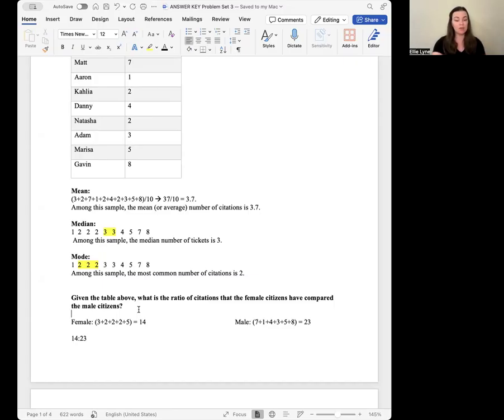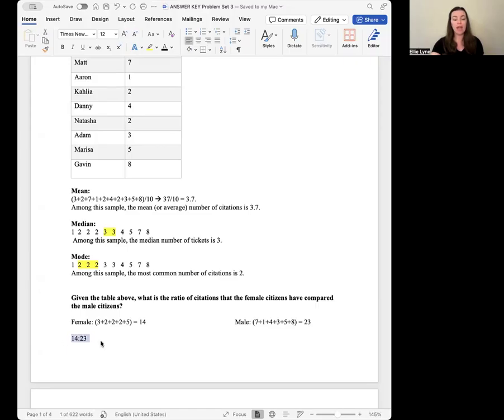And so what I did here below is add together all of the number of traffic citations received by our females within our sample. And then I compared that to the total number that males received. And so the most common way to express a ratio is to do this in this format, which is our total from our variable of interest 1, which is 14, then a colon compared to our second variable of interest value, which is 23.